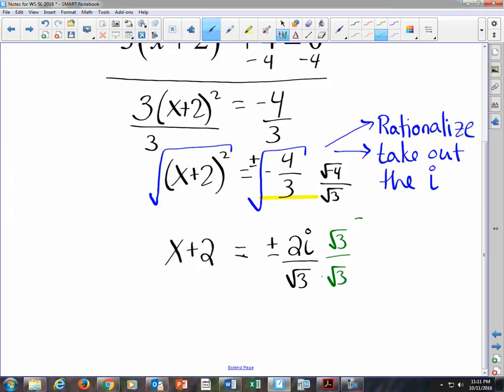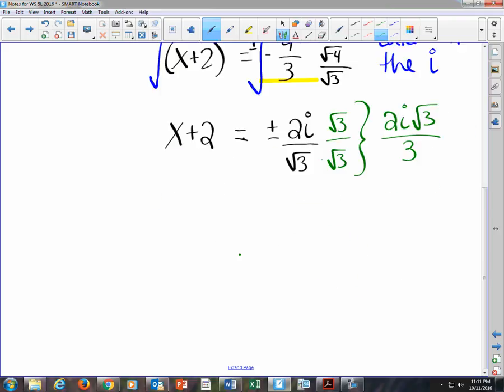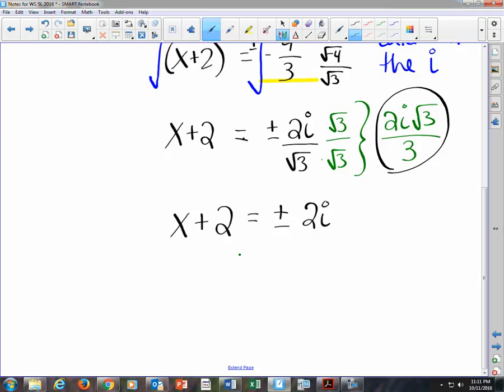So this whole thing is going to become 2i root 3 over 3. And I am really close to having my answer. I still have an x plus 2 on the left side, but now it equals this thing, plus or minus 2i root 3 over 3.